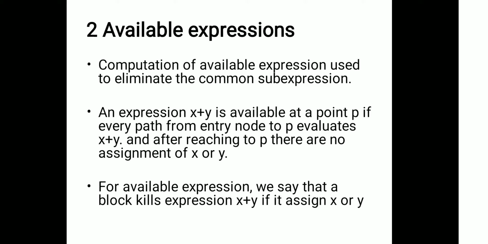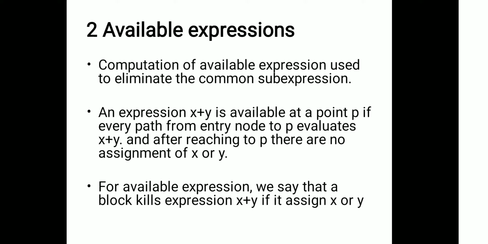To avoid recomputation of the expression, that is, for common subexpression elimination, we require available expressions. An expression x plus y is available at a point p if every path from the entry point to p evaluates x plus y, and after reaching p there is no assignment of x or y. Then that expression is what we call an available expression.